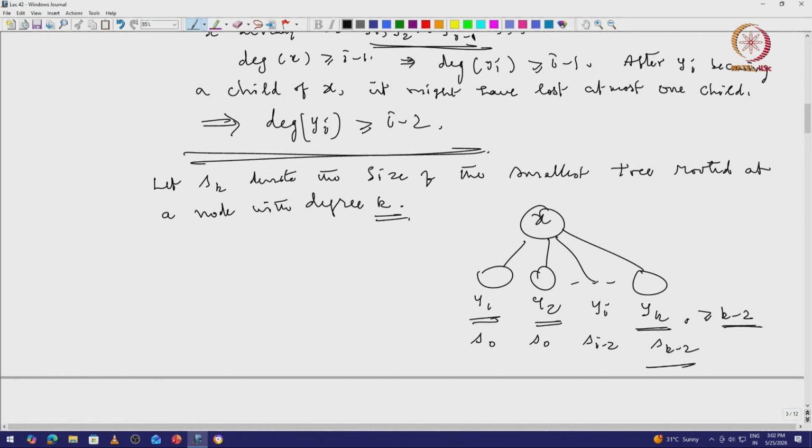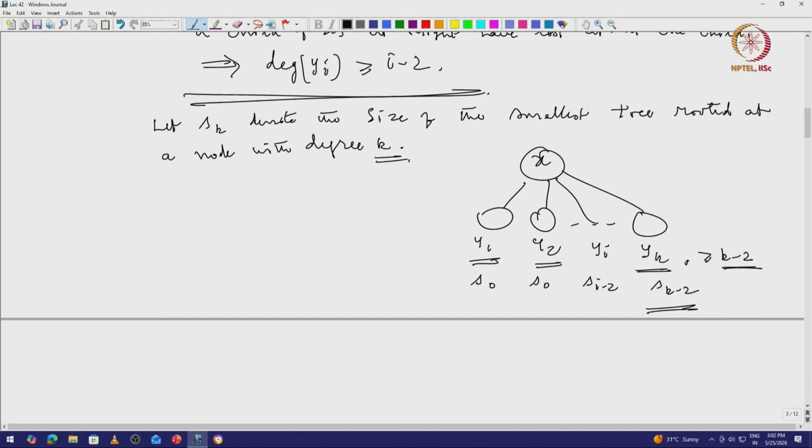This has at least k minus 2 nodes, because yk's degree is greater than or equal to k minus 2. Therefore, it will have at least S(k-2). That means Sk is greater than or equal to 1 for this node, y1 is S0, plus the sum of i from 0 to k minus 2 of Si.